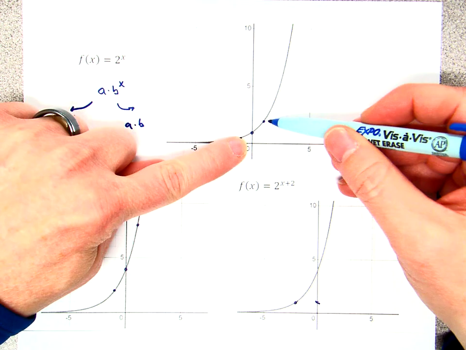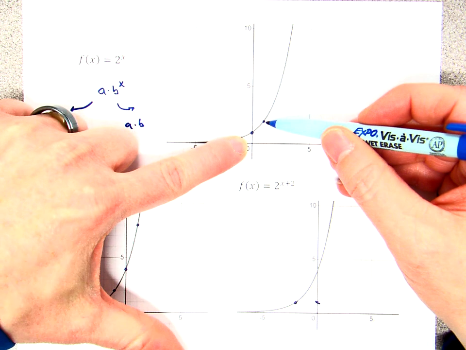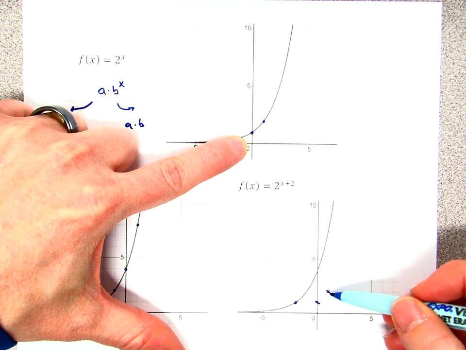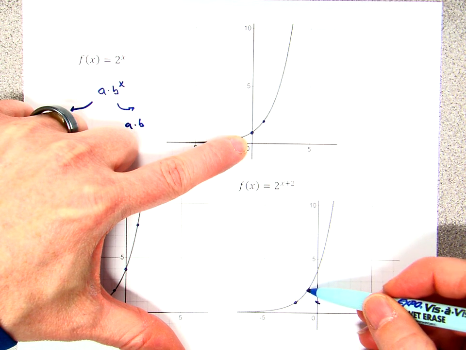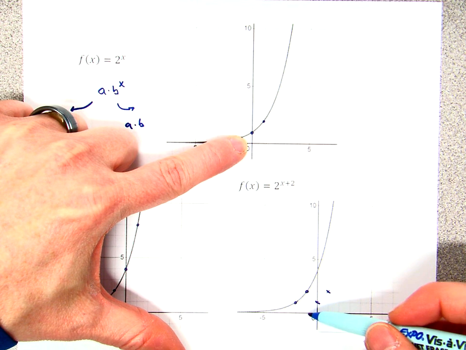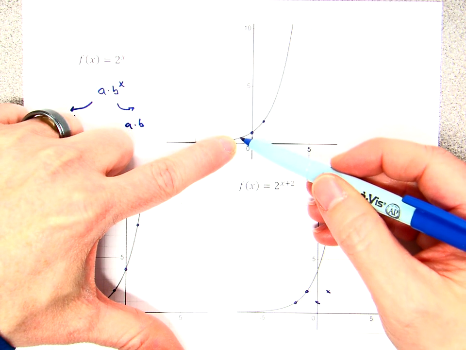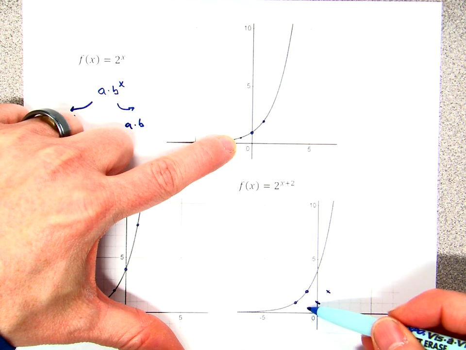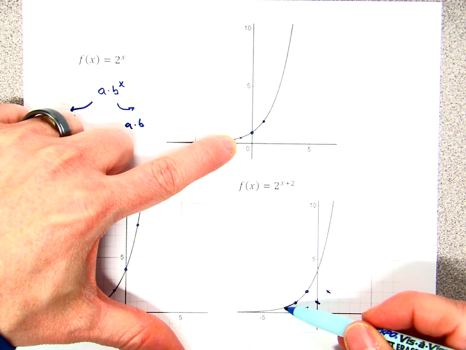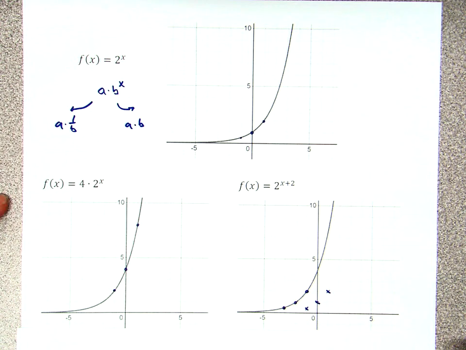When I went right 1, we said 1 times 2 is 2. So here, again, if I move it left 2, we got on the graph. If I went to the left, 1 times a half is a half. And then if we move it to the left 2, we can see that it matches up, right?